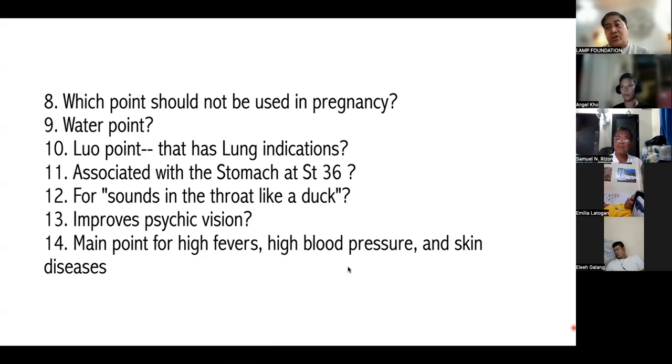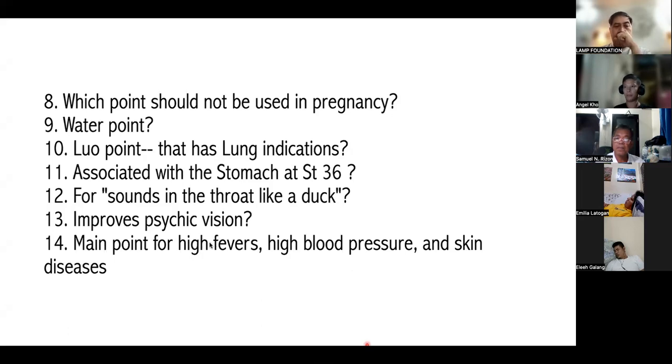Alam mo sa Chinese, pag sinabing vision, hindi lang siya puro vision yung nakikita mo. It's also about the future, mga ganon. Because it's the crossing point ng LI, SI, and bladder meridians with the Yangming vessel. Okay, ganun number 14 po pala yun.